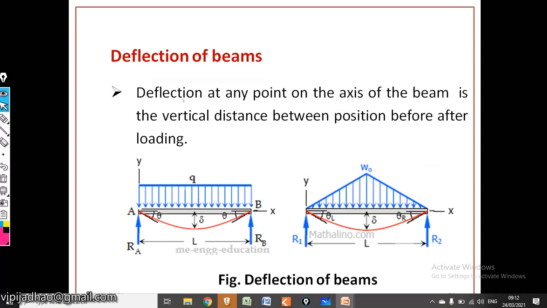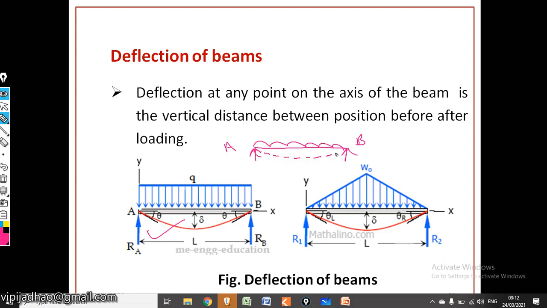And deflection of a beam at any point on the axis of the beam is the vertical distance between the position before and after loading. Let us consider we have a beam AB, and it is subjected to some uniformly distributed load as shown in this figure. Due to this load, this beam will be deflecting like this.